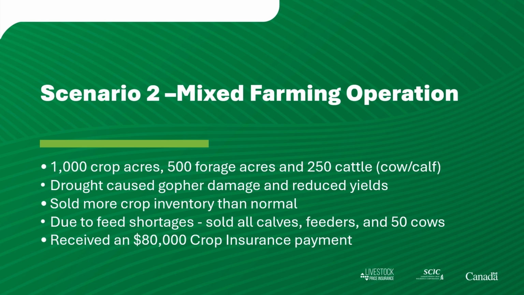They sold more crop inventory than they normally would have, and again, combined with that lower production, they're going to have a substantial change in their crop inventory valuation. They were short of feed because of the drought, so they ended up selling all of their calves and feeders, and they also decreased their herd size. They ended up selling 50 cows in 2024. They were in crop insurance and received an $80,000 crop insurance benefit.